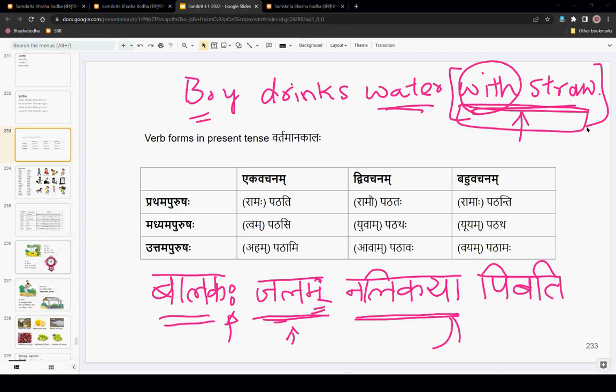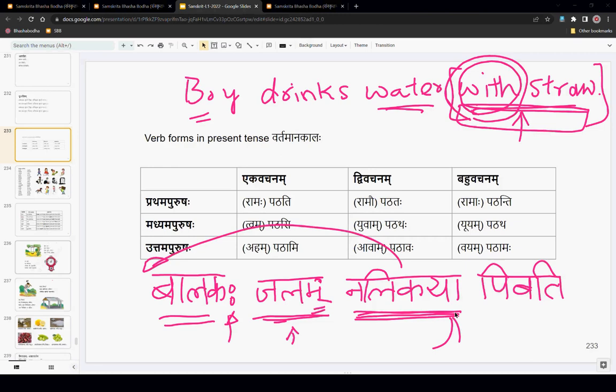Similarly, in Sanskritam, because that with is part of nalikaya, that preposition, and it becomes a single word, we can move this single word to a different place, shuffle it, and still it means the same thing, because this preposition part is also part of the single word.